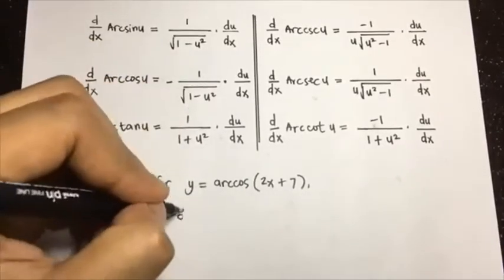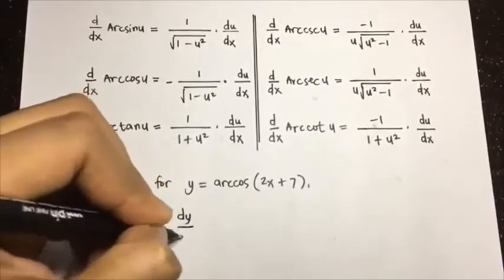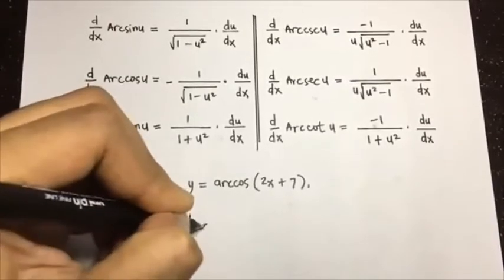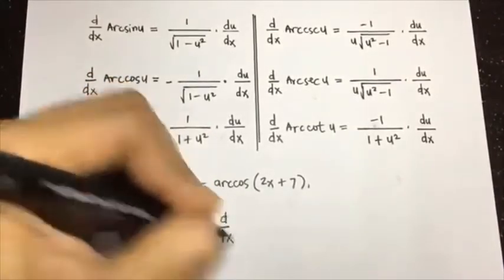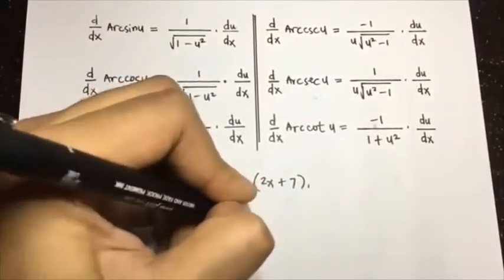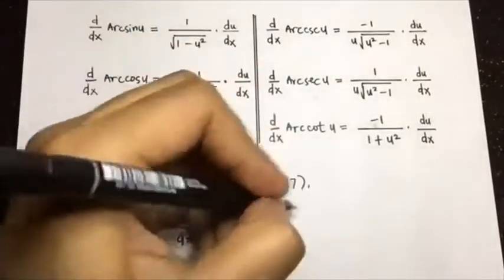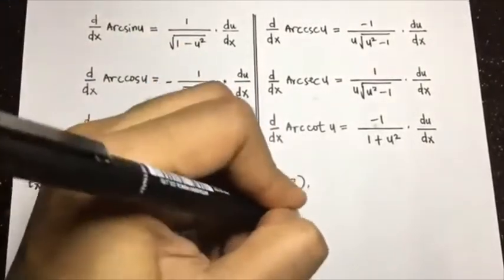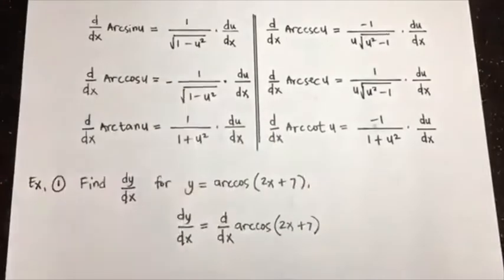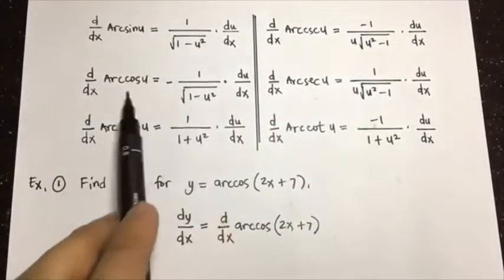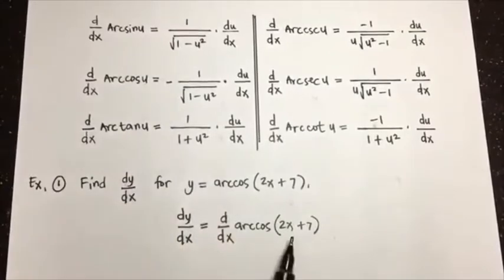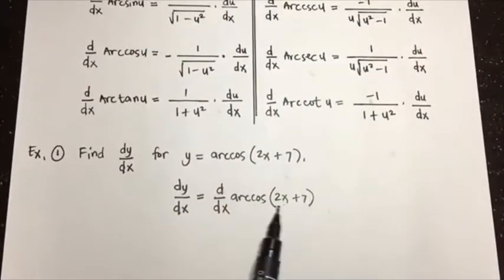So dy over dx is equal to the derivative with respect to x of arc cosine of 2x plus 7. Our u here is 2x plus 7.